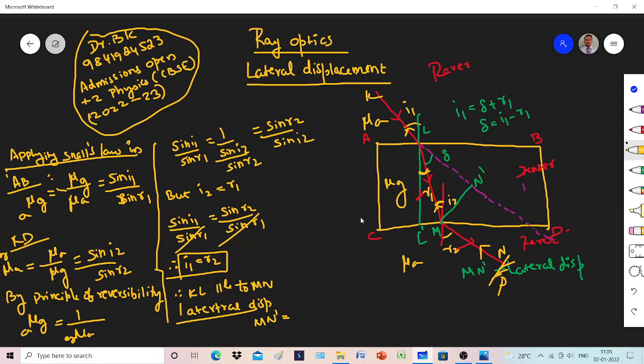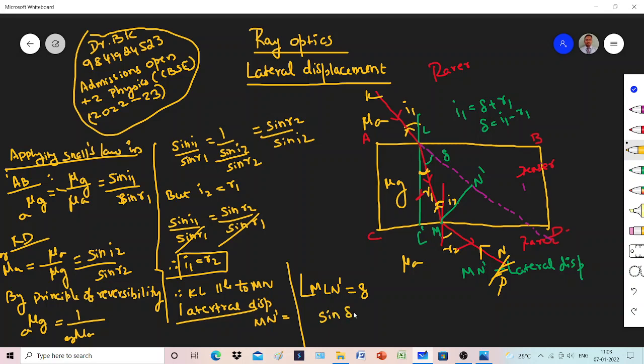So this angle delta is MLN dash. So angle MLN dash is equal to delta.